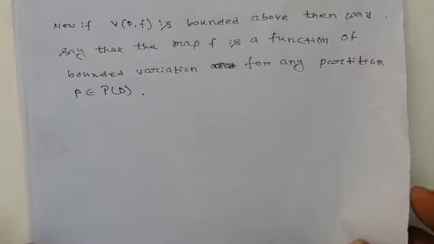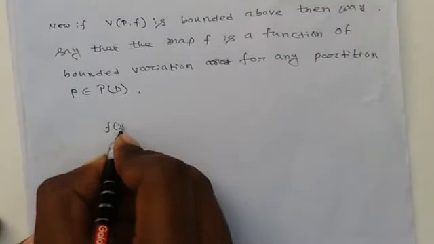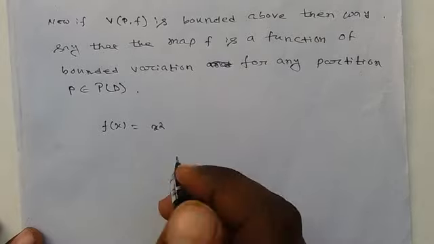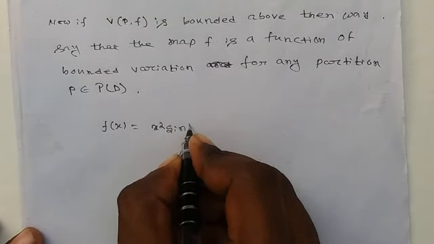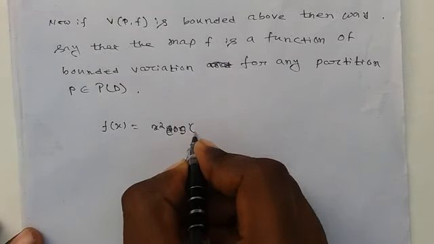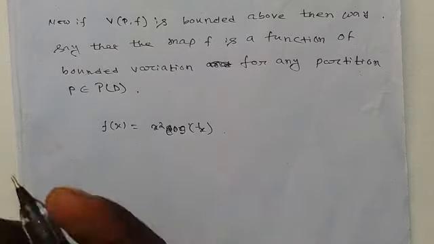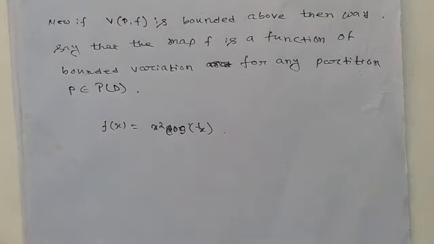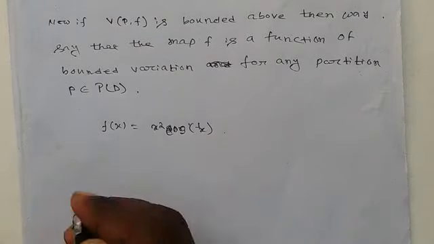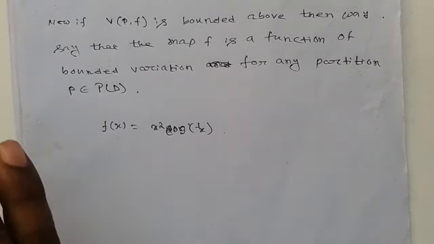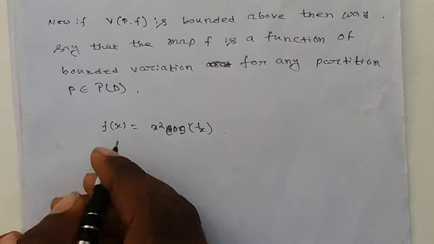Now the function is f(x) equal to x square cos 1 by x. For which options is it of bounded variation? Now we state a standard theorem.